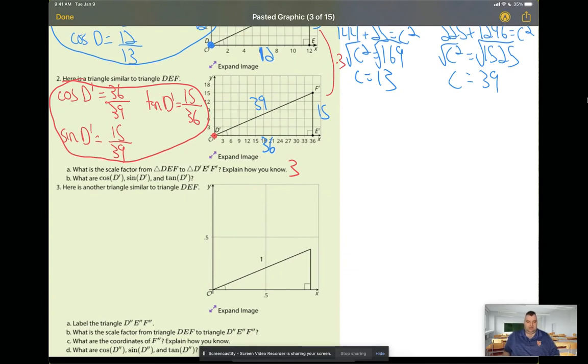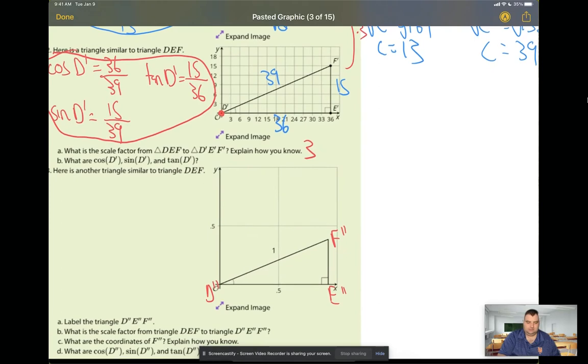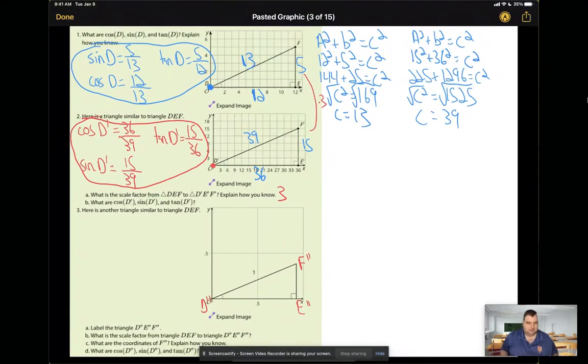Number 3, here's another triangle similar to triangle DEF. So we have D double prime, E double prime, and F double prime. What is the scale factor from DEF to D double prime, E double prime, F double prime?